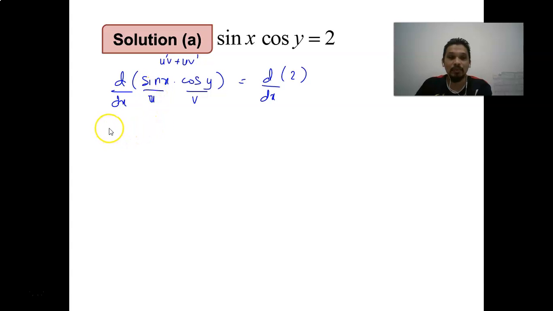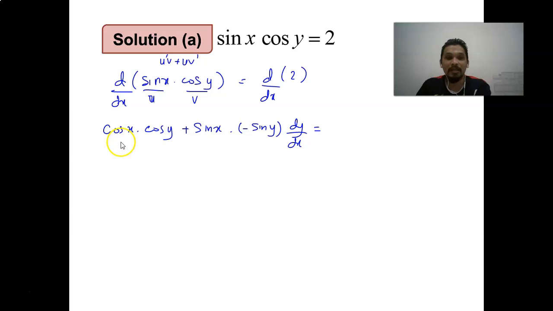Derive sine equals cos x, then just copy cos y again, plus, just now we derived sine x, it gives you cos x, so right now we copy sine x again, and differentiate cos y, negative sine y, and differentiate y gives you 1, and because we derive y with respect to x, then we come out with dy dx. Okay, so how can I say this?